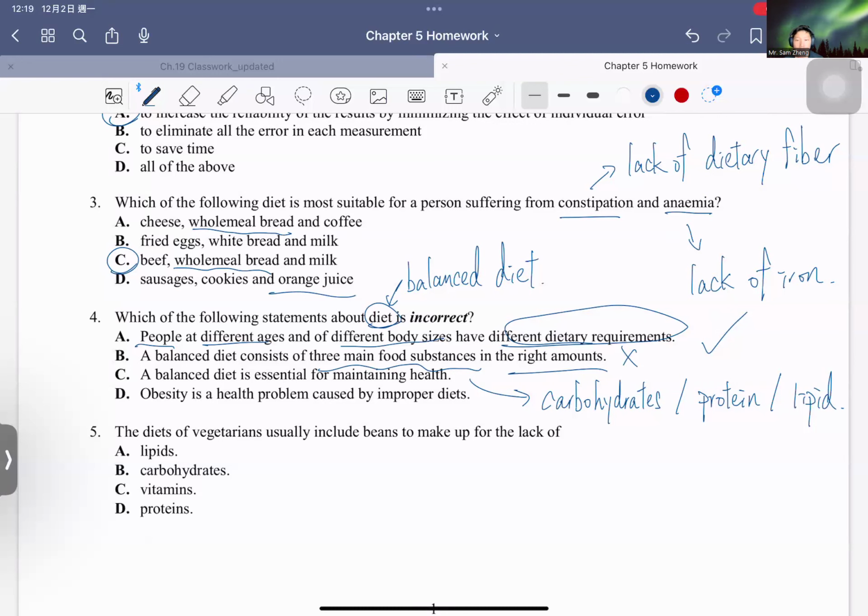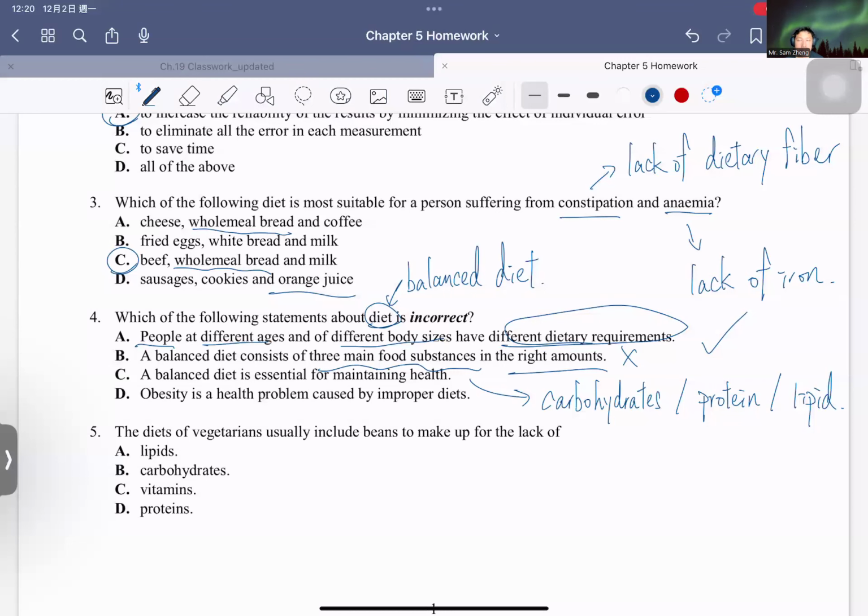Maybe carbohydrates have the highest proportion, while the second highest would be the protein, and lastly would be the lipid. So these would be some of the ideas that we should think of.